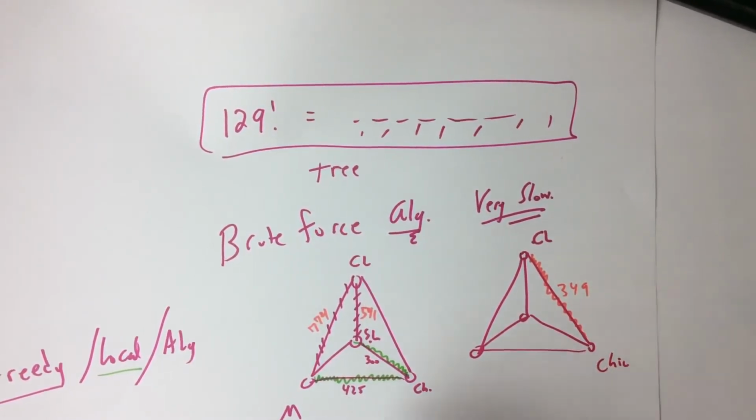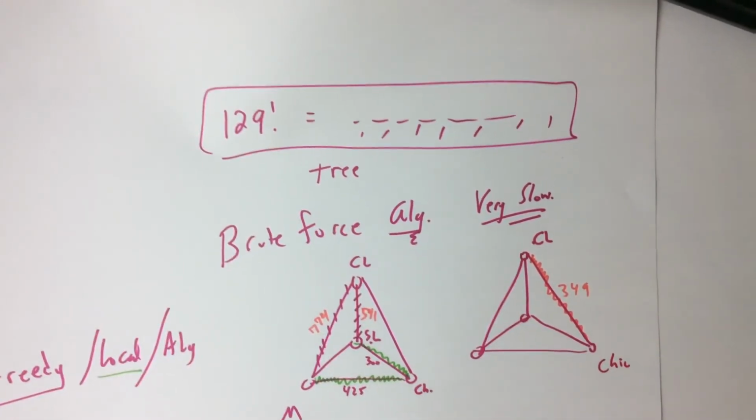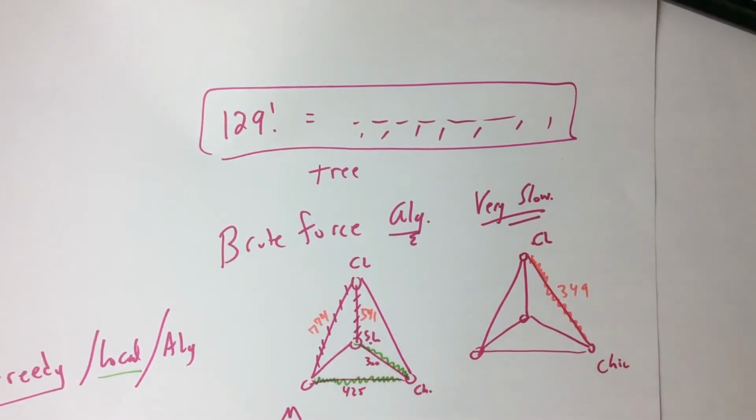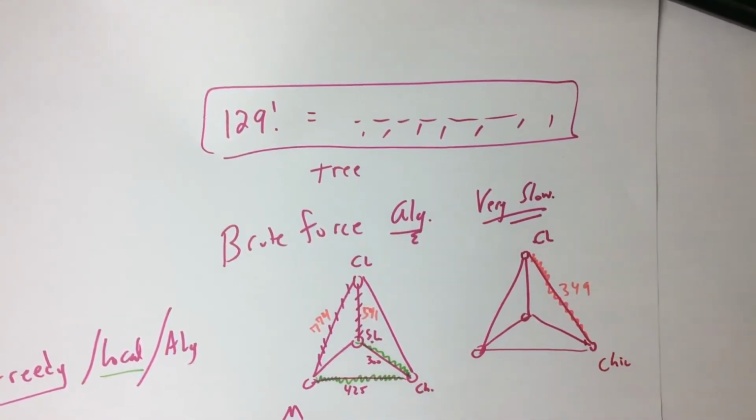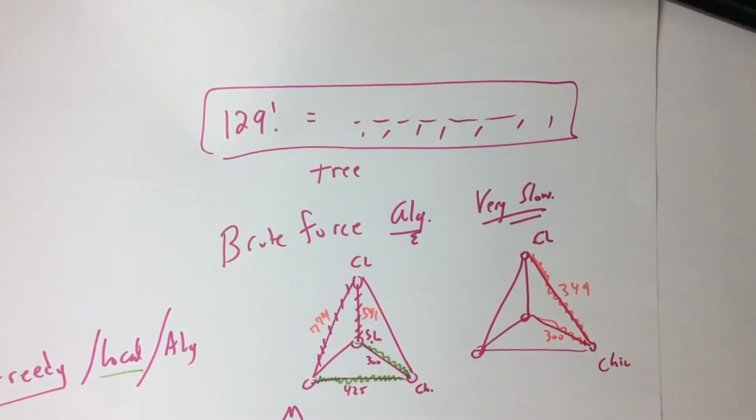So I want you to notice this algorithm is going to finish, but it's definitely going to be different than if you had started in Minneapolis. So one of them is probably better than the other. Now, when you're in Chicago and you have to pick between Minneapolis and St. Louis, turns out St. Louis is only 300 miles away. That's the shortest of the two choices.